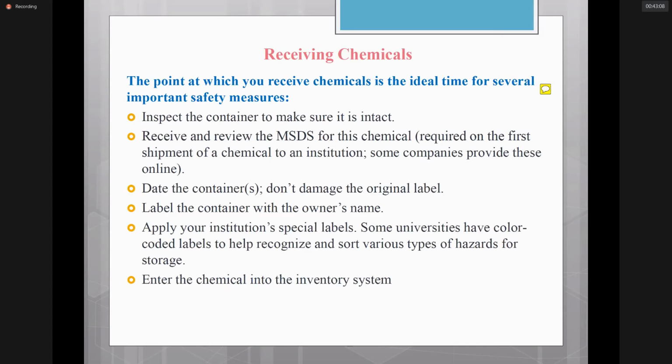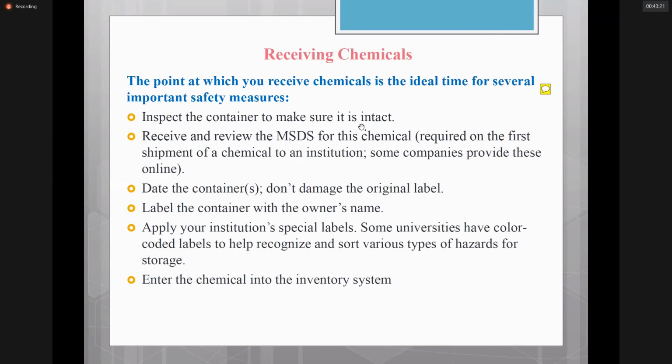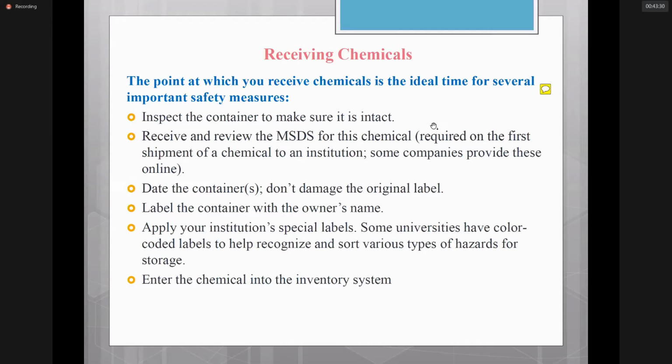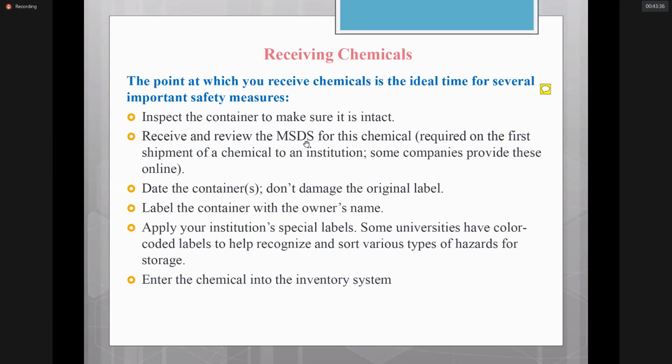Receiving chemicals. When we receive a chemical, it's ideal to check these tips. First, inspect the container to make sure it is intact. Receive and review the MSDS for this chemical. How can we ship? How can we transfer this chemical? All the MSDS or safety data sheet information.